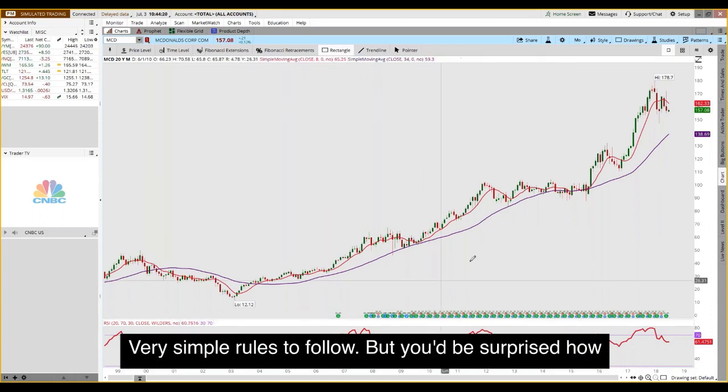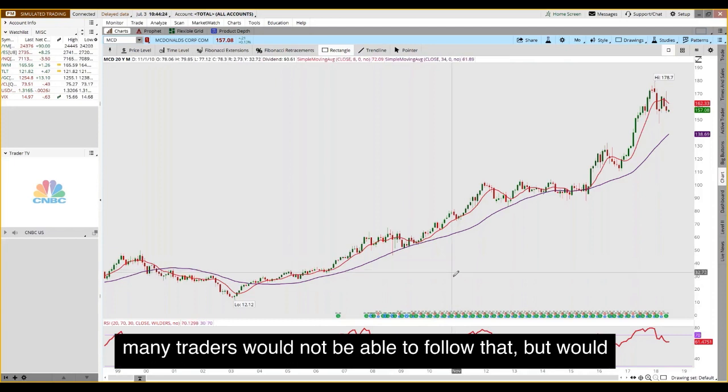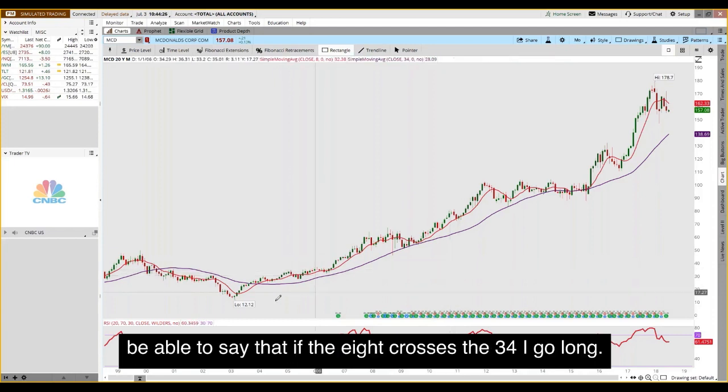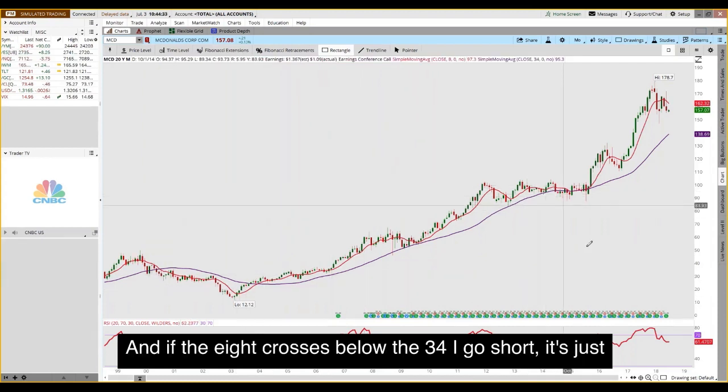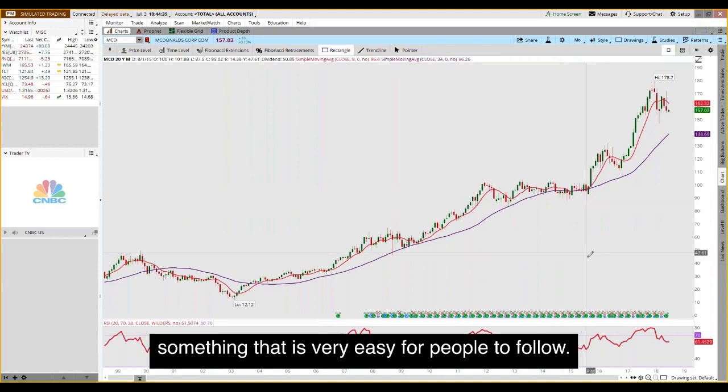Very simple rules to follow, but you'd be surprised how many traders would not be able to follow that, but would be able to say that if the 8 crosses the 34, I go long, and if the 8 crosses below the 34, I go short. It's just something that is very easy for people to follow.